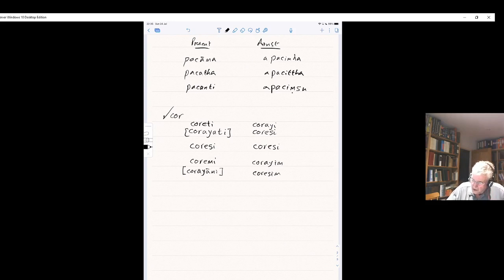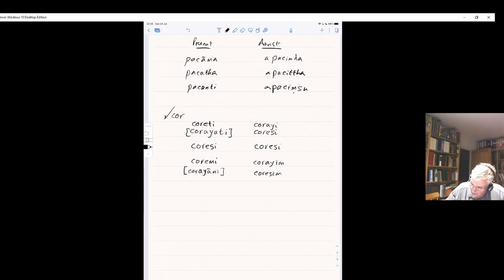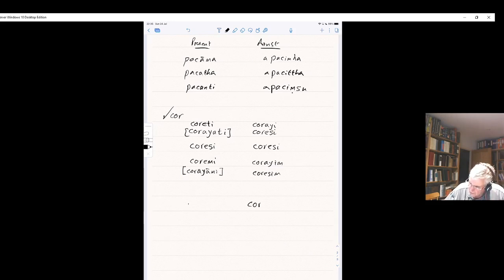So they stole, you can either have choresum, or chorayimsu. They steal, that is chorenti or chorayanti. In the present, chorenti, chorayanti. Past, choresum, chorayimsu.